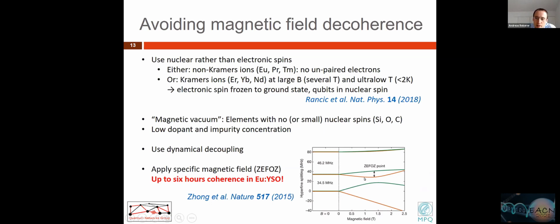But at higher fields, you have crystal field mixing, which leads to avoided crossings. These avoided crossings mean that you have regions where, if you change the magnetic field, the separation between the energy levels won't change. In this way, you can be very insensitive against magnetic fields, and thus keep the coherence of qubits for very long. So in this europium-doped YSO material, people have observed 6 hours of coherence by using exactly that trick.